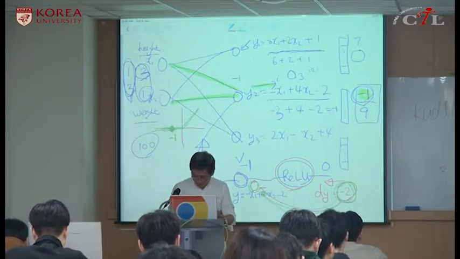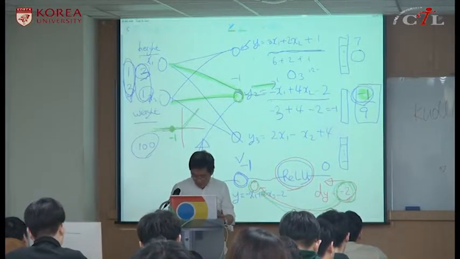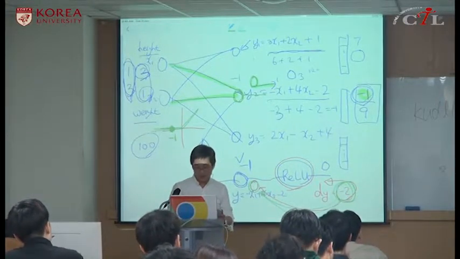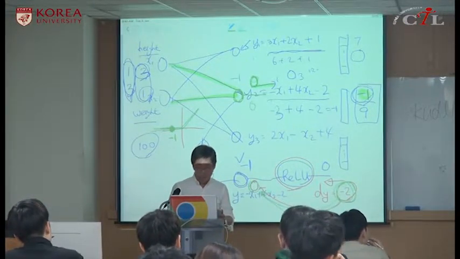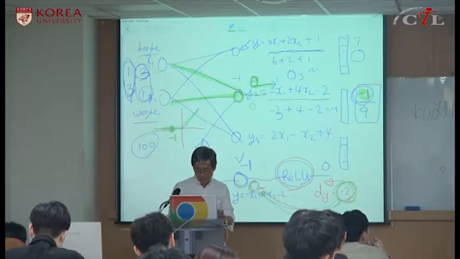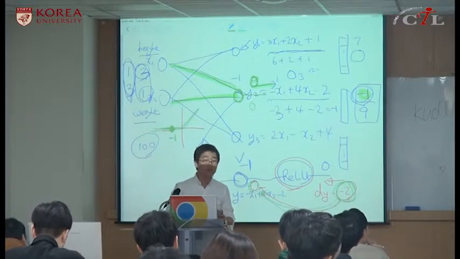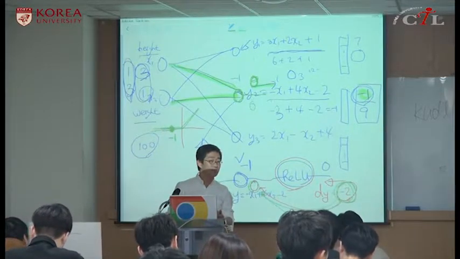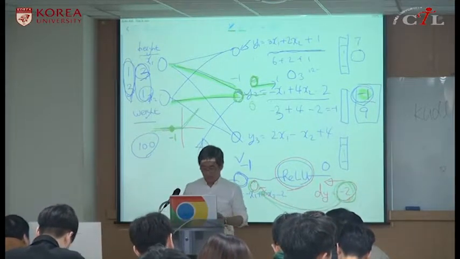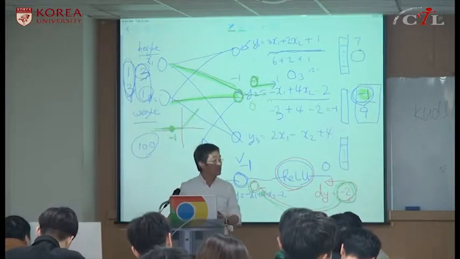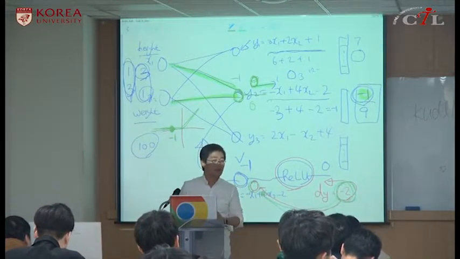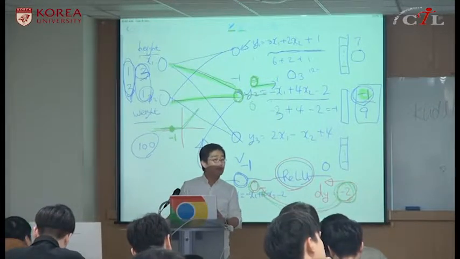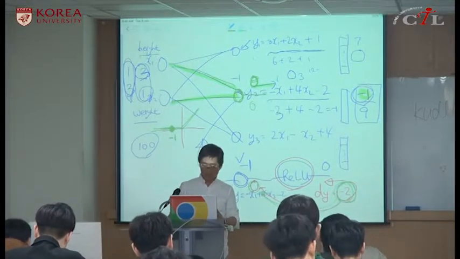Okay, so back to this node. The arriving gradient is 0 actually, right? And then the weights corresponding to these two edges will also have 0 gradient, right, all the time, right? So that way these two green weights or these green edges will not get updated, right? And then when do they get updated?